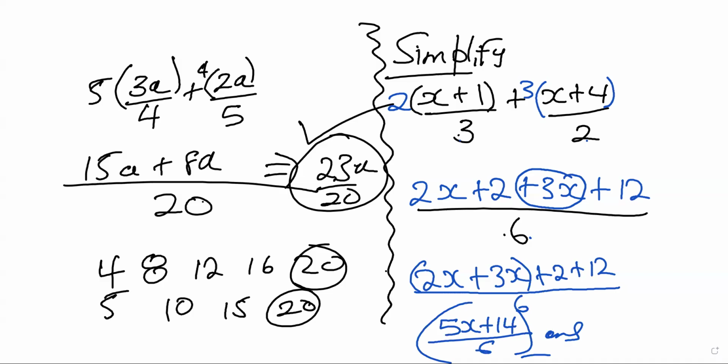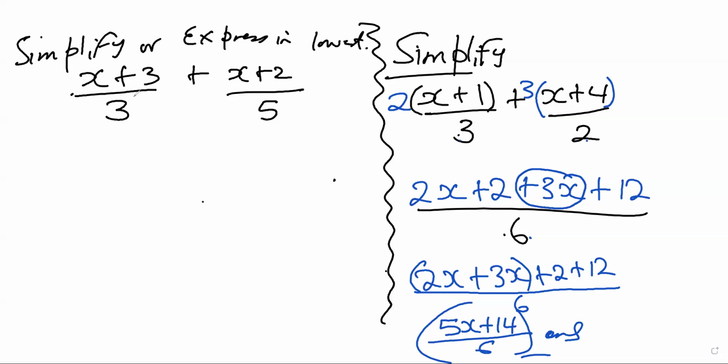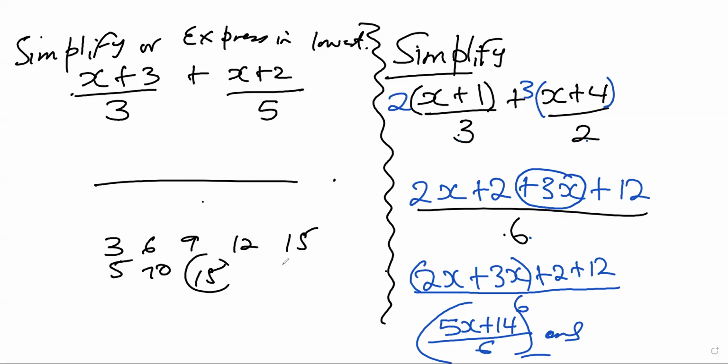We're going to do one more, and then if you guys don't have any questions, we'll try some, alright? So we find our LCM. 3 and 5: 3, 6, 9, 12, 15; 5 and 5, 10. So 15 is our LCM. 3 into 15, 5 times.